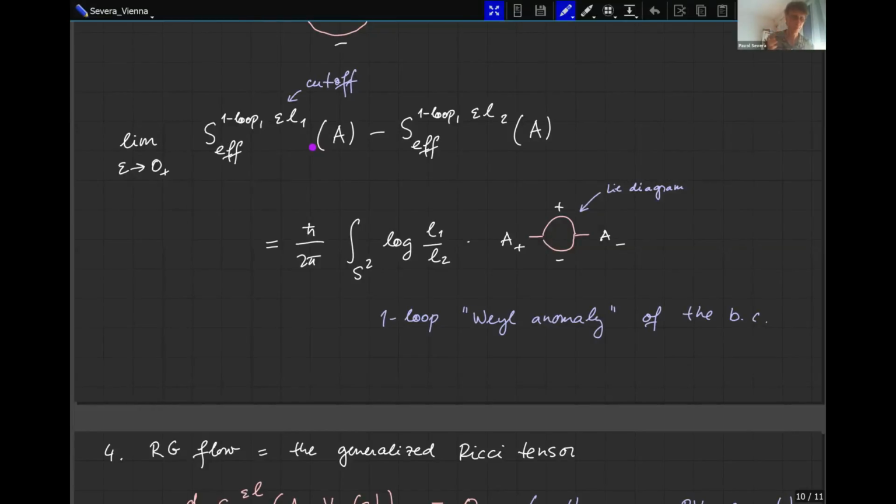And this is only a one loop calculation. Who knows what's going on for higher loops? If you want that to be conformally invariant, so to depend only on the conformal structure, then this must be 0. Since this is just the result of a calculation, one can say this is a result. So that's what one gets here.